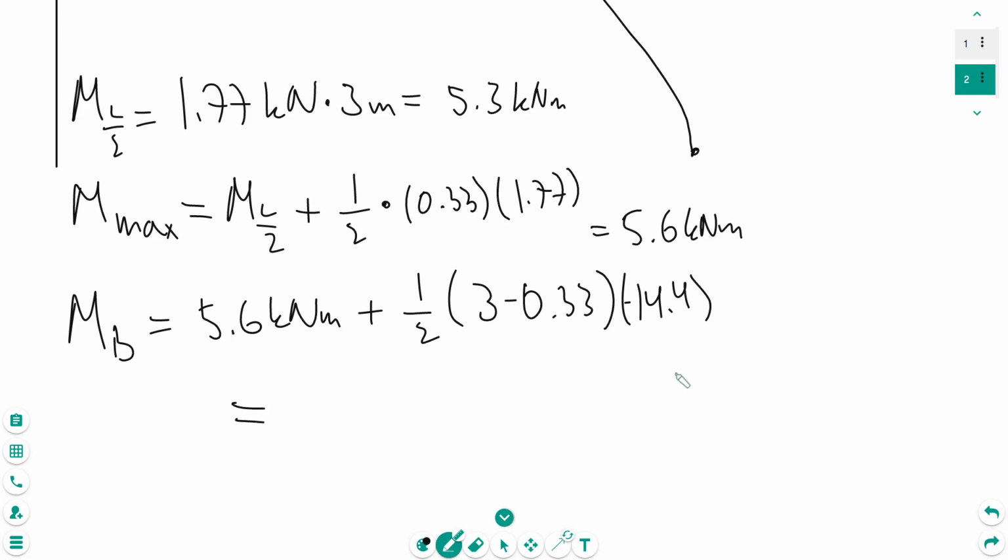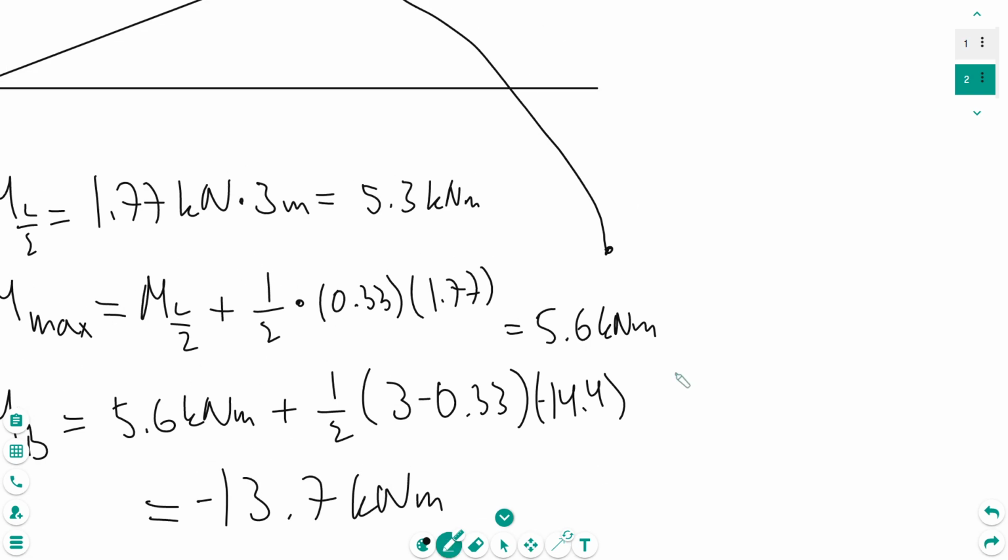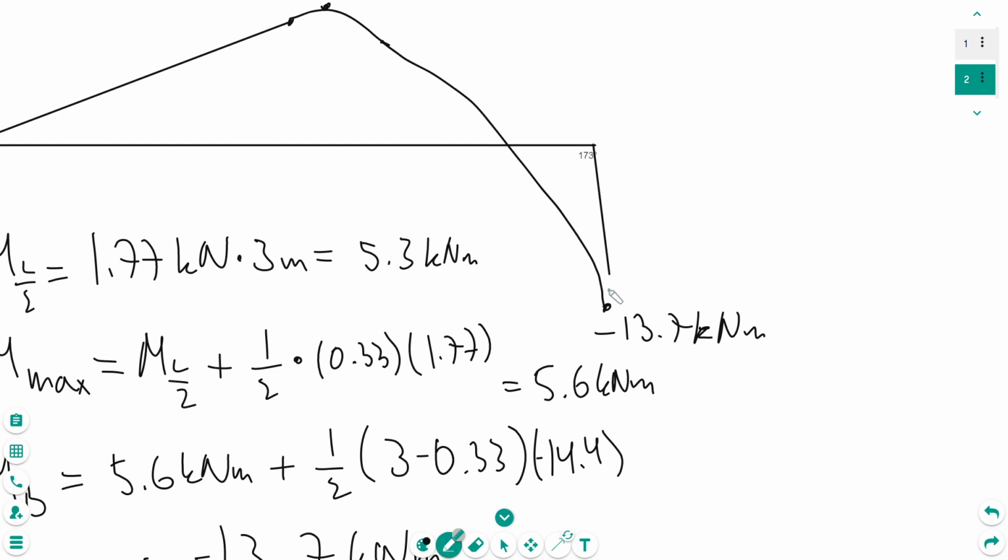This then results in a total of negative 13.7 kilonewton meters, which we can indicate here, and thus our moment diagram is finished.